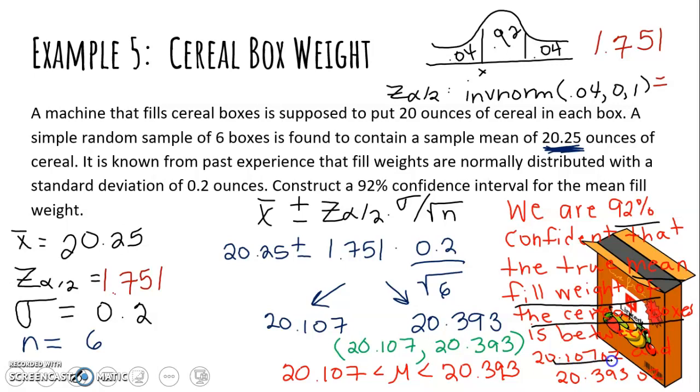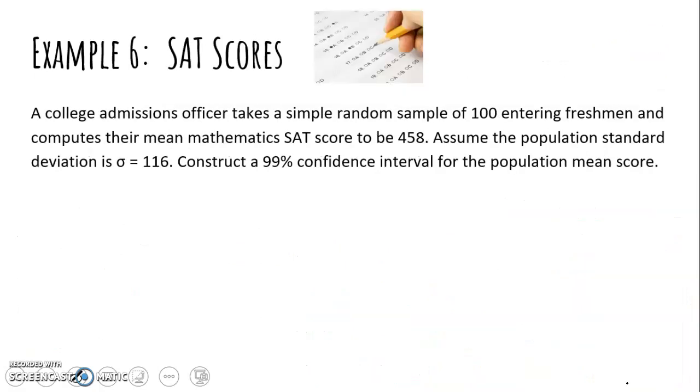And then obviously you would change the actual confidence interval numbers. Right? So for example 6, we're going to estimate the confidence interval for SAT scores using a 99% confidence interval. So pause the video, use the same formula we used before, and come back and see if you got the right answer.